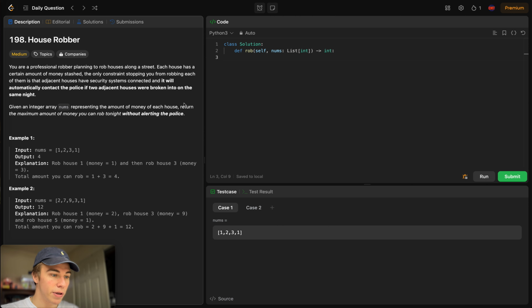So without getting arrested, meaning without robbing two adjacent houses, what is the maximum amount of money that I can win? In CS terms, this would be picking up the maximum from nums without choosing any two adjacent numbers.